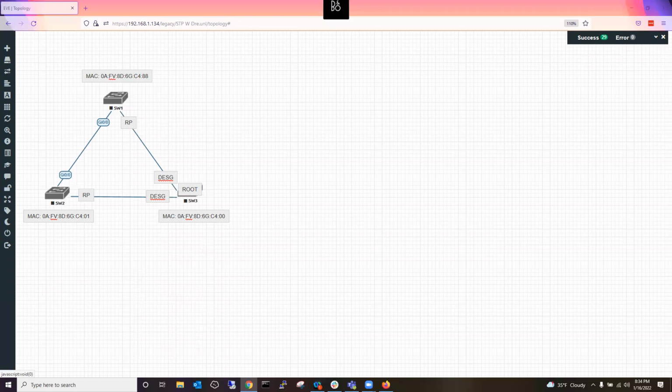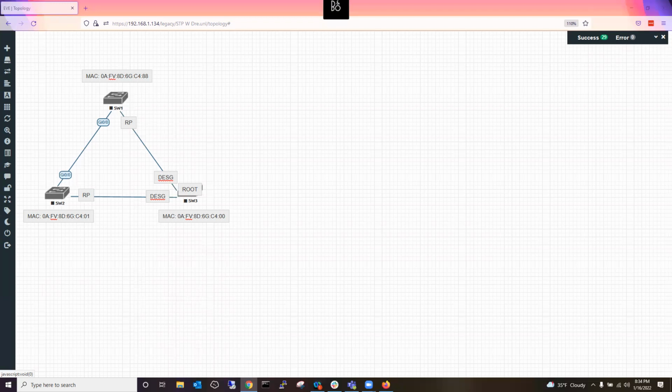Switch 1 and switch 2 are advertising to each other, sending BPDUs, asking who has the fastest way to the root bridge. They both have gig links, they're the same. So that first part we can mark off because they already have the same. Now we need a tiebreaker. That tiebreaker is what you said, but we're going to reverse it. It's whoever has the lowest bridge ID on this shared link between switch 1 and switch 2.